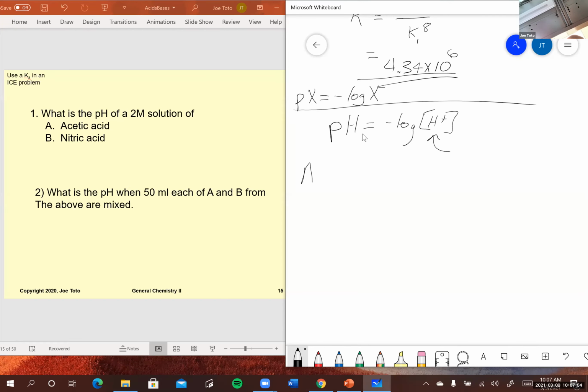So for A, we have acetic acid. What's our approach for finding the pH of a 2-molar solution of acetic acid? Well, let me ask you, is it 2 molar?